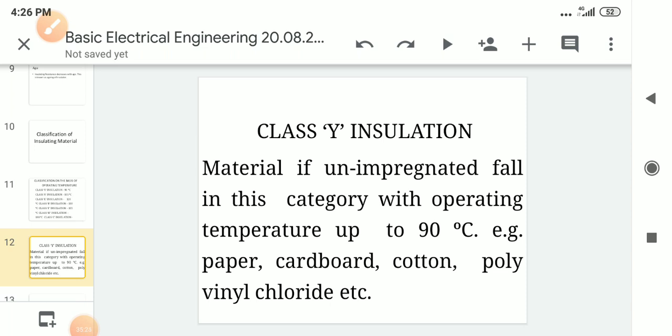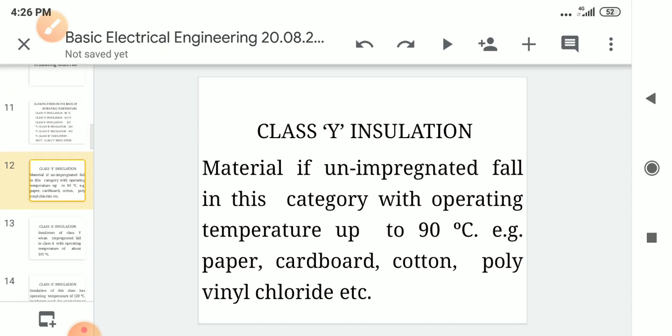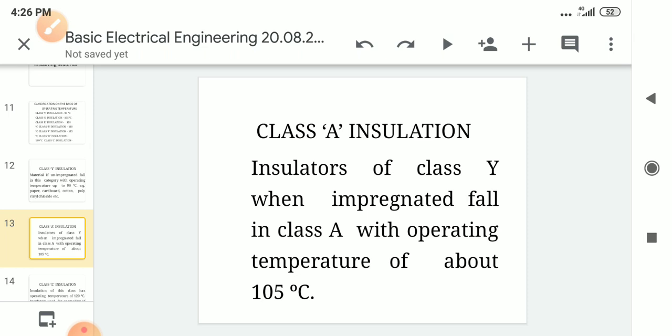Paper, cardboard, cotton, PVC, all are examples of this category. Class A insulation material. Insulation of class Y when impregnated falls in class A with operating temperature of about 105 degrees centigrade.